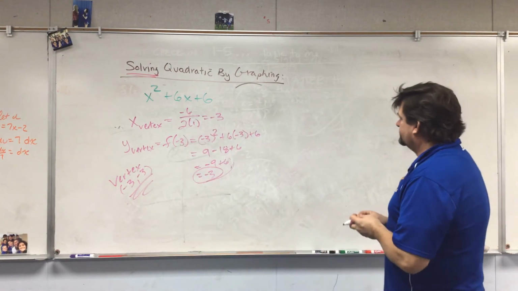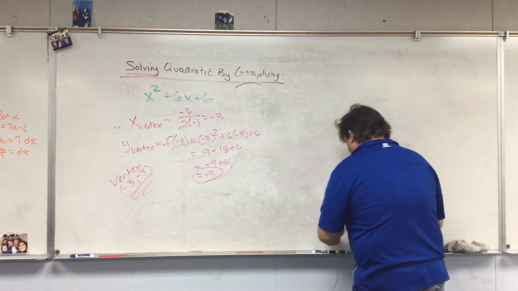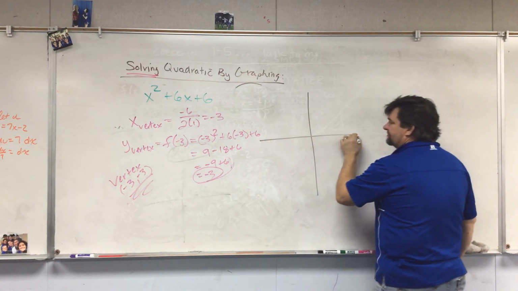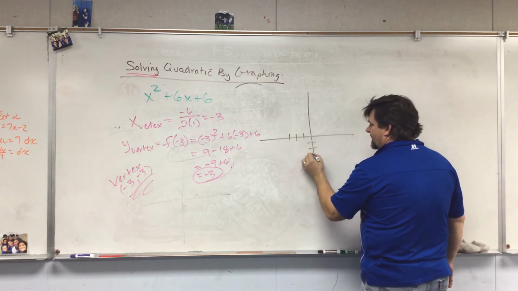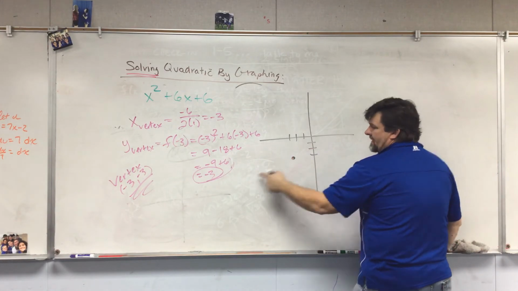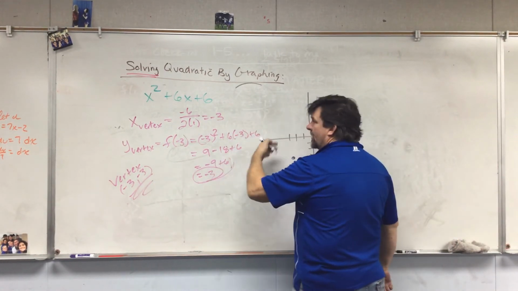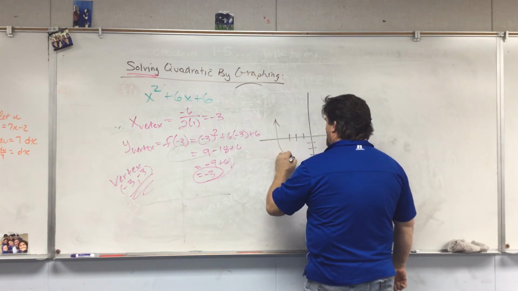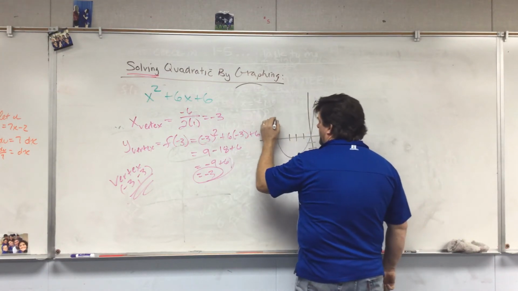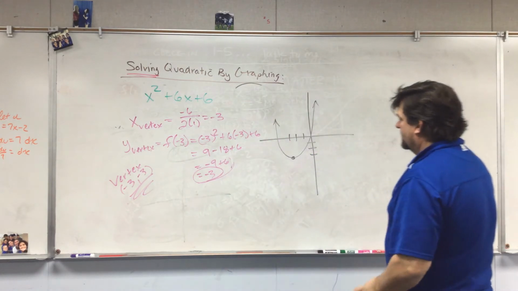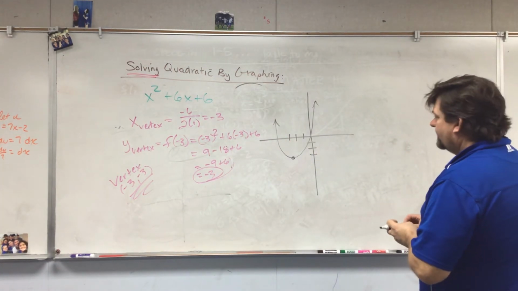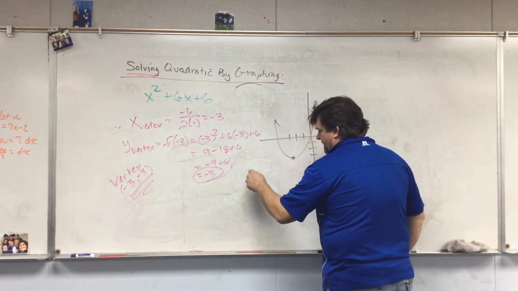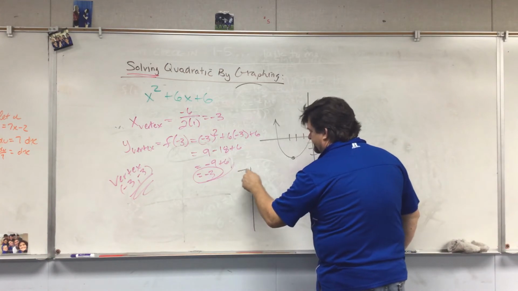All right, so let's go ahead and graph this thing right now. We know it's at negative 3 here, and negative 3, that's my vertex. We know that it's pointing up. So we're going to go up, we're going to go up. Now we've got to figure out where these things are, how to find our values here.